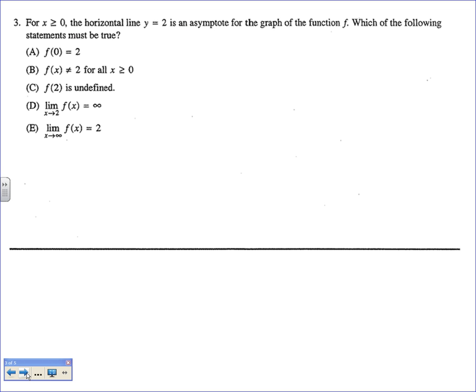On problem 3, we have a situation where we're asked about a horizontal asymptote. And the thing to remember here is that with horizontals, anything can happen in the short run. If this is our line, y equals 2, a horizontal line, anything at all can happen with the function in the short run.